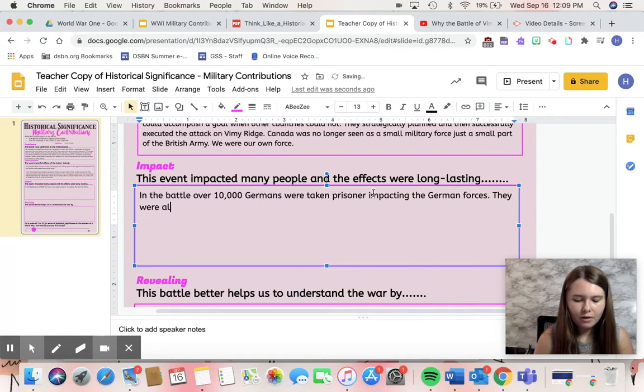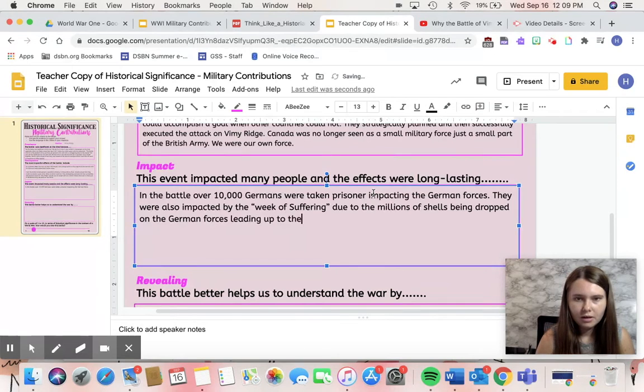They were also impacted by the week of suffering, due to the millions, because it does say millions, of shells being dropped on the German forces leading up to the attack, causing many casualties and deaths.